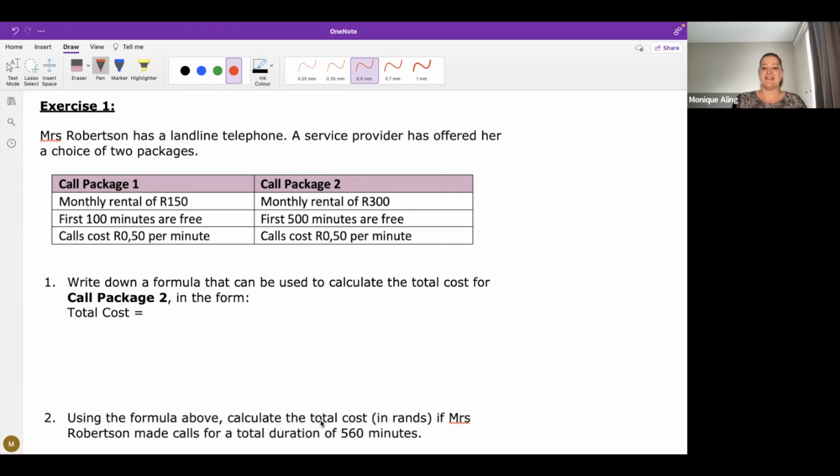Okay, if you're ready, you can let me know your formula in the chat. Does anyone want to let us know what their formula was?